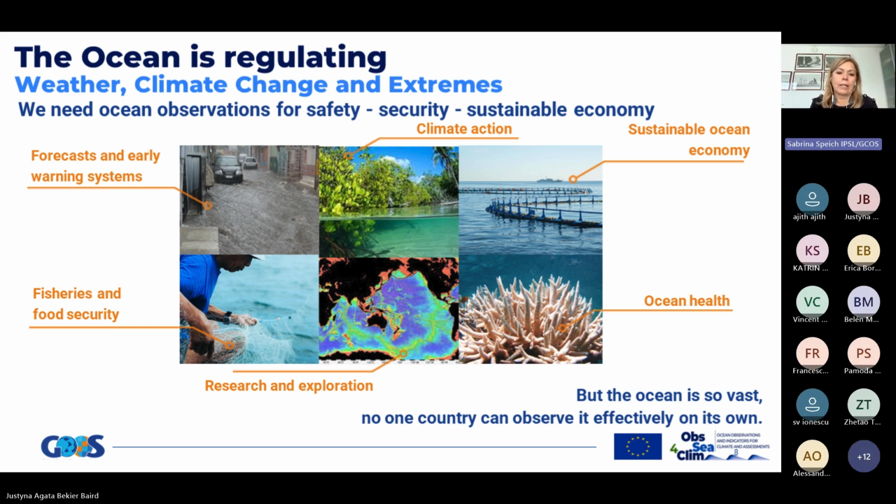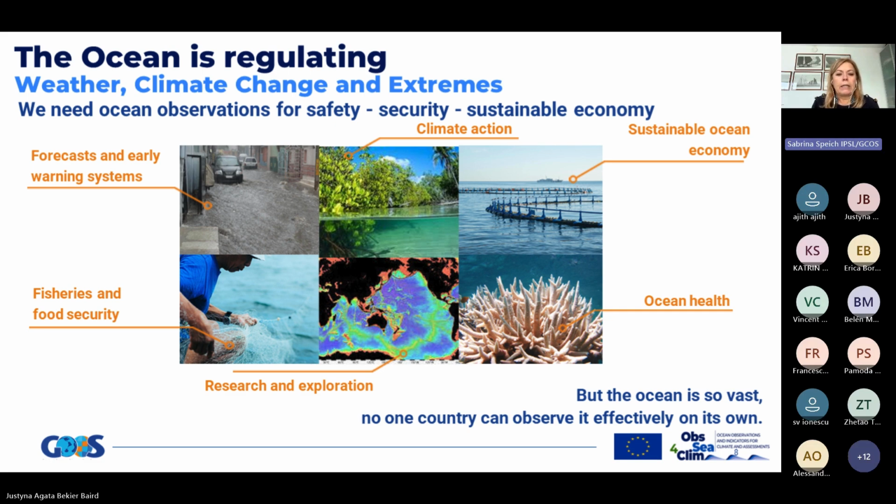So actually the ocean came to the attention of the WMO system more than before, because it is really important. The ocean plays a crucial role in regulating weather, climate change, and extreme events, absorbing 90% of the excess heat caused by greenhouse gas emissions, and sequestering around a quarter of anthropogenic carbon emitted annually.